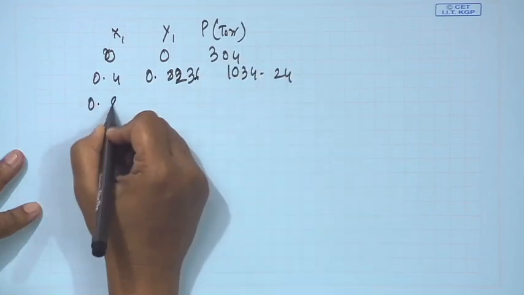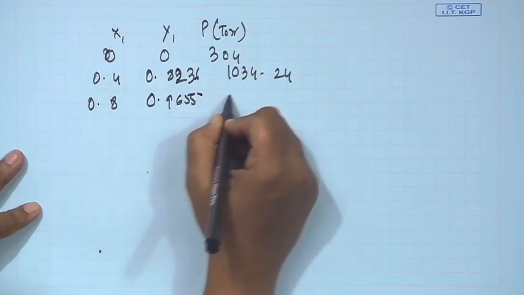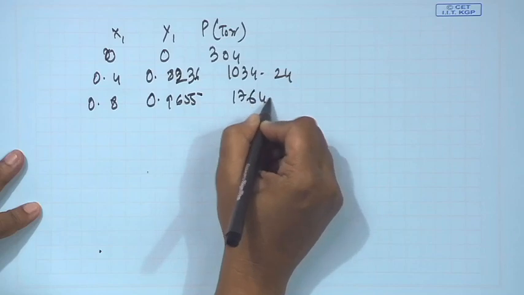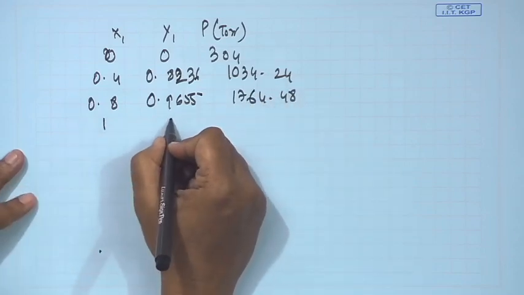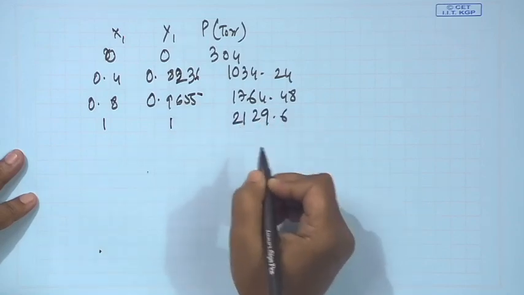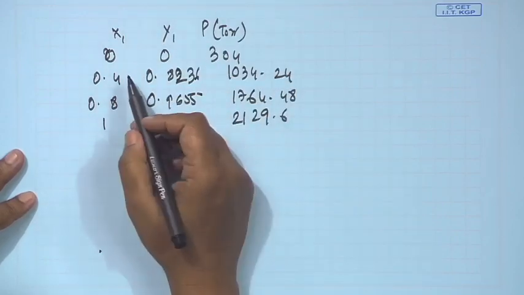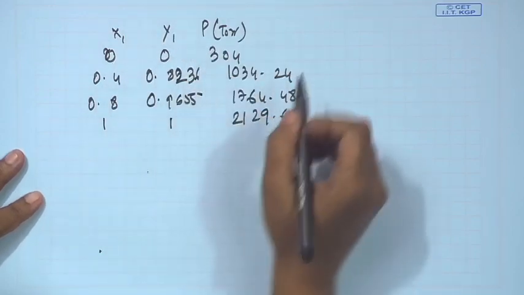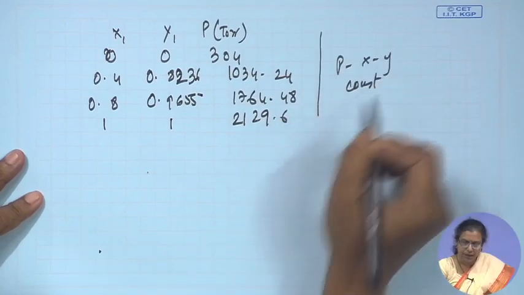Then for 0.8, y1 is 0.9655 and P is 1764.48. Again for 1, what do you get? This y1 will also be equal to 1 and P is P1 saturated, right.